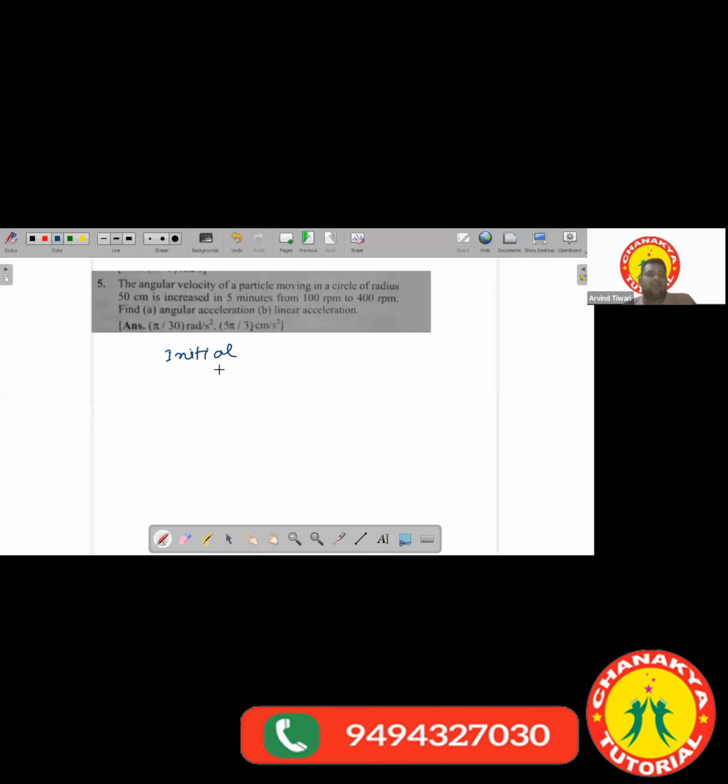We need to first convert it to revolutions per second. Initial frequency is 100 rpm and we need to convert it to revolutions per second. So this would be 100 divided by 60, so you get 5/3 revolutions per second. Now the same thing converted to angular velocity: omega naught will be equal to 2 pi f. It will be 2 pi multiplied by the frequency, which is 5/3. So you get 10 pi by 3 as the omega naught.